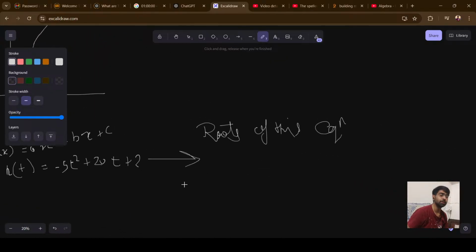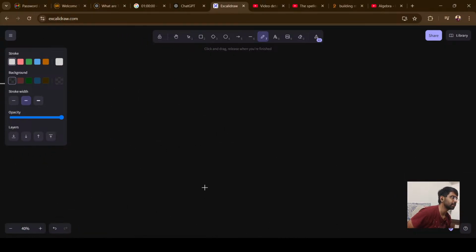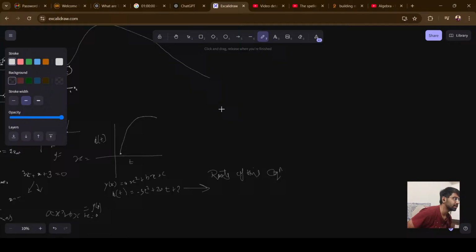So I will be able to find the time at which the ball will reach the ground. Are you getting me? Let's say, bro, this is beauty, yaar. This is beauty.